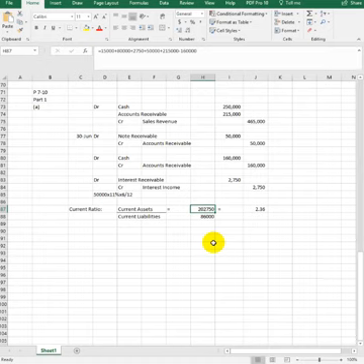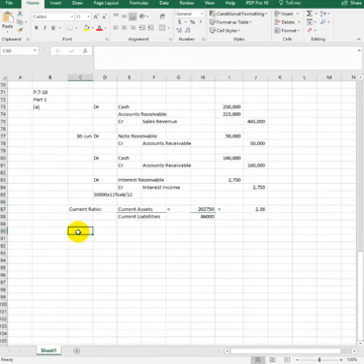So do I have a typo here somewhere? 215 minus 160 is 55, not 45. Seems to me that they've made a mistake, because they've got accounts receivable shown as 45,000, and it should actually be 55,000. I think that's actually a typo in the solution. So I think we're right, they're wrong.